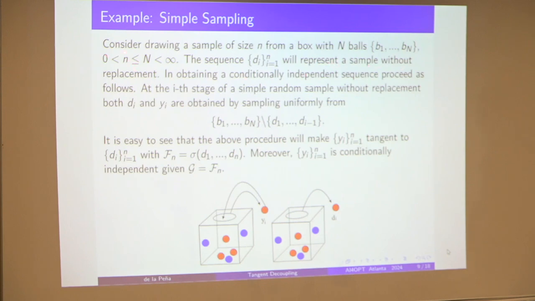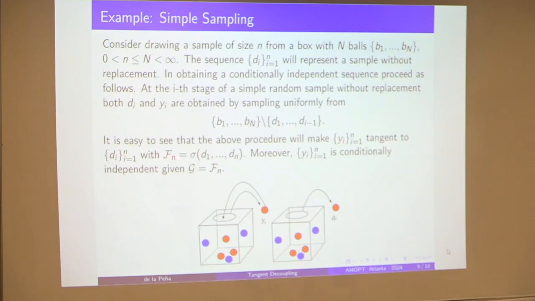When you don't replace things, the box is changing, so the variables are dependent. In obtaining a conditionally independent sequence, we proceed as follows. At the i-th stage of the simple random sample without replacement, both d sub i and y sub i are obtained by sampling uniformly from the box that doesn't include the first d sub i minus ones. It is easy to see the procedure makes y sub i tangent to d sub i. They have the same distribution.